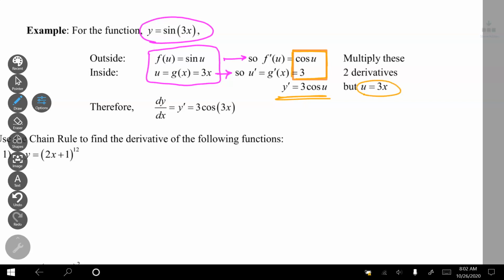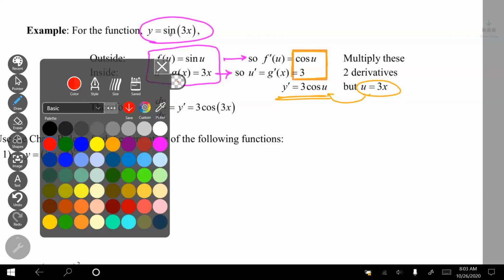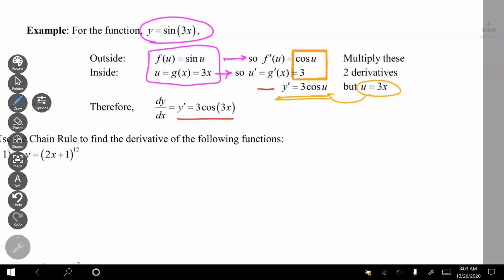But I have to remember that that something that I used, that u value, was equal to 3x. So I rewrite it, where I put back the 3x for the u, and I get my final result.